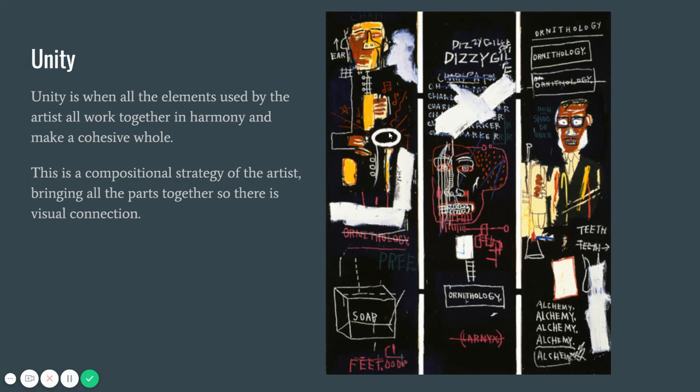You have very separate, almost visual thoughts going on, but yet there's a sense of unity, and that has a lot to do with the artist's style, the artist's line, the artist's color palette, right? So even though there's a lot of different parts, they all come together well, because all these different parts relate to each other.